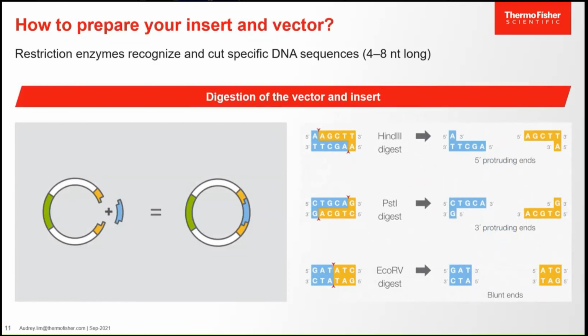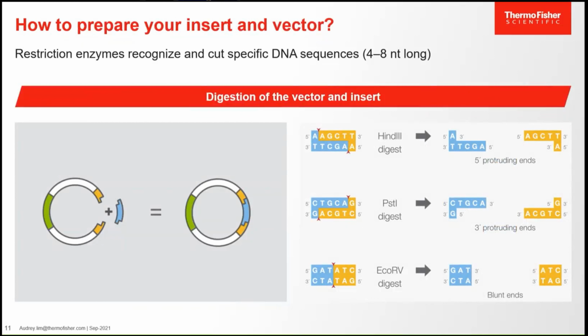Okay. So the main players in preparation of the vector and the insert are restriction enzymes. In short, we call them RE. RE are also called restriction endonucleases.